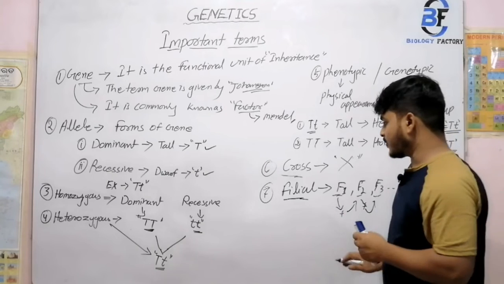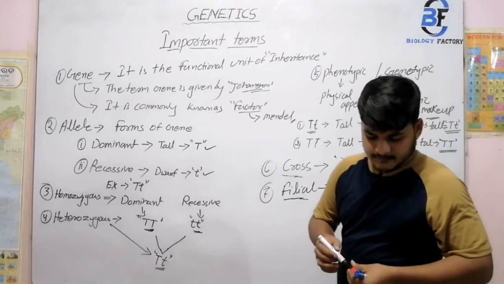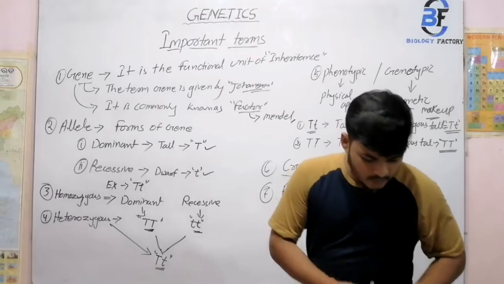And the next important term is Punnett square.